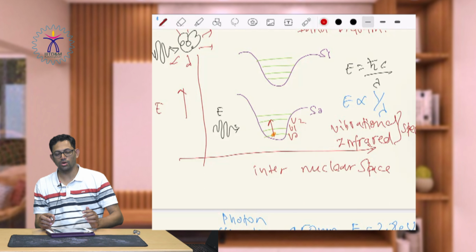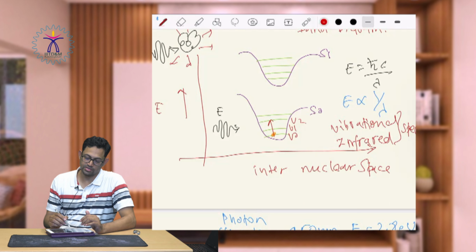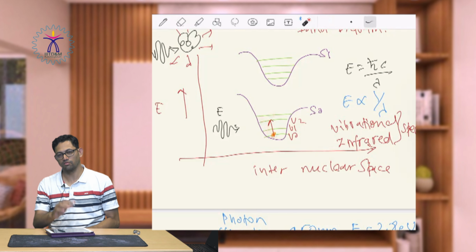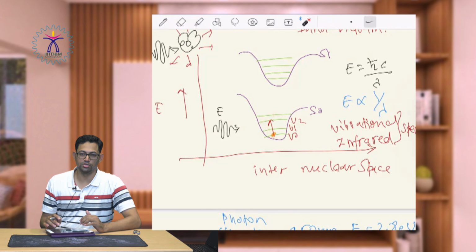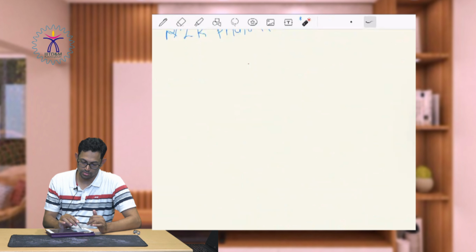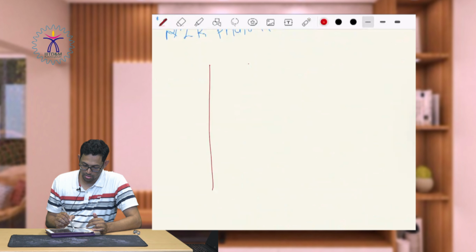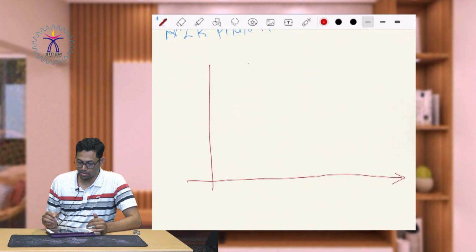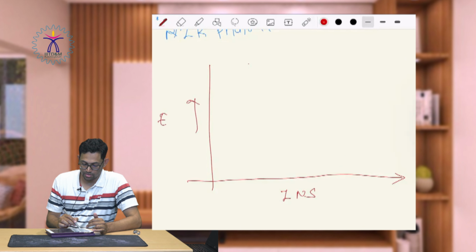The main important thing we see here is that the electron does not come out of the ground electronic state, it just survives in the bottommost ground vibrational energy level. Now let us draw one more example of this internuclear space, with the energy.